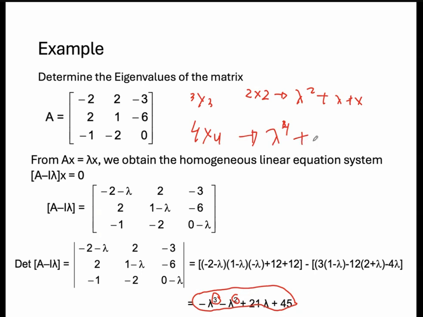And the next step, the question is the value of the eigenvalue, we must find it.